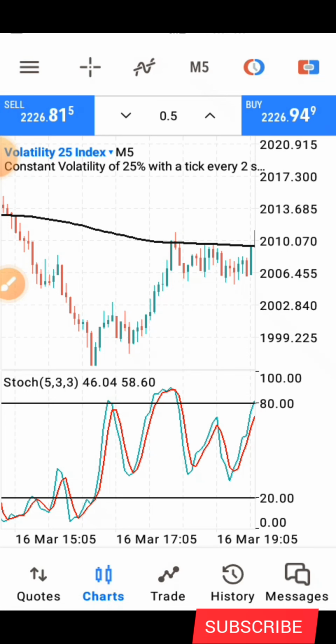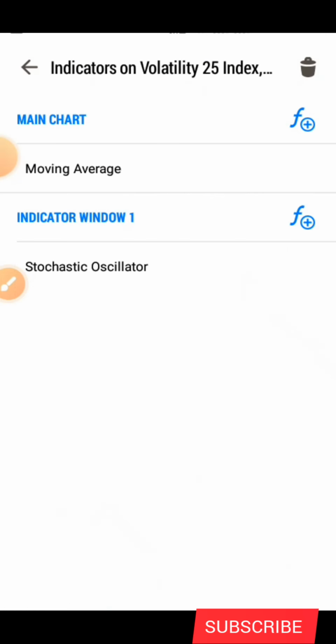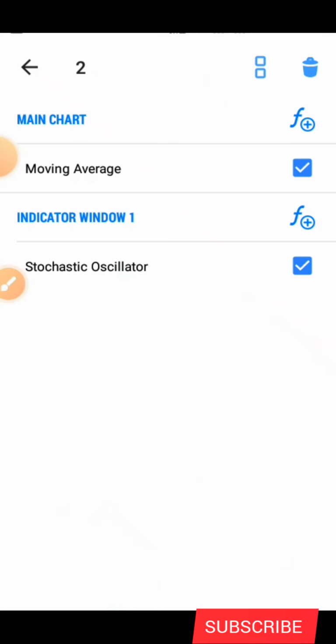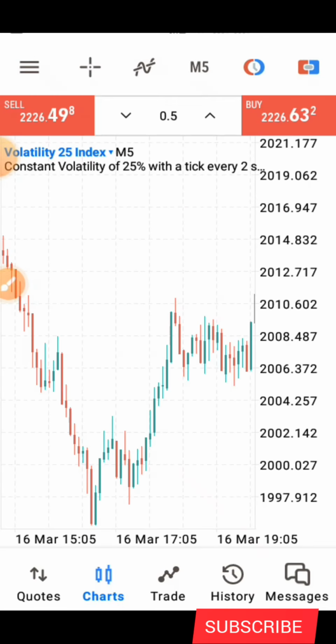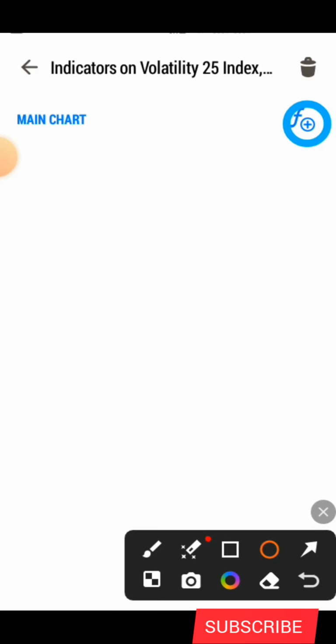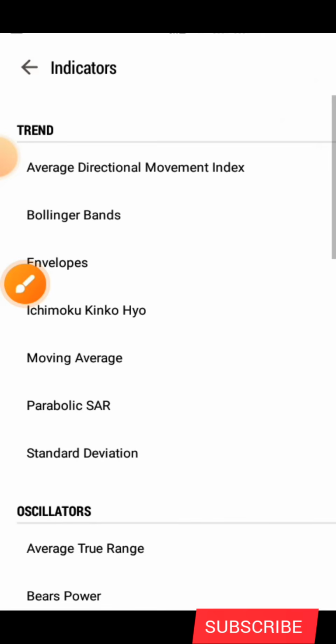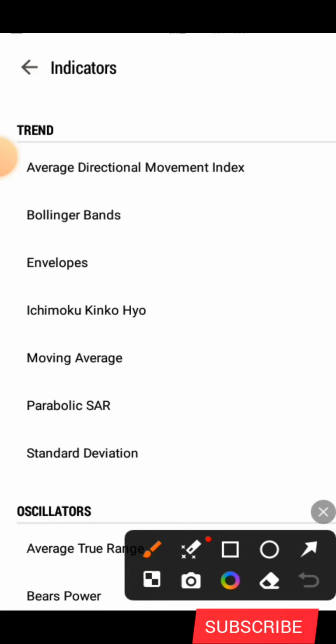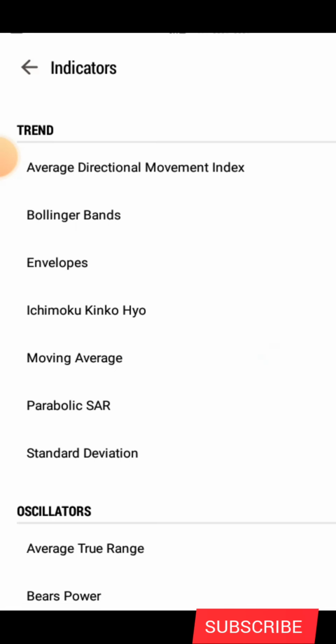Okay, so now I'm going to delete this setup and then I'll start afresh. The first thing we have to do here is to click on this icon here. After clicking on that, now we have to click on this icon here. The first indicator we are going to be adding is the moving average, which is this one right here.